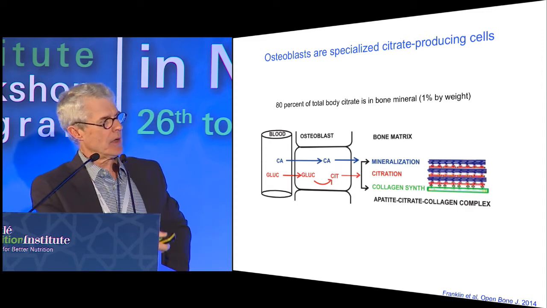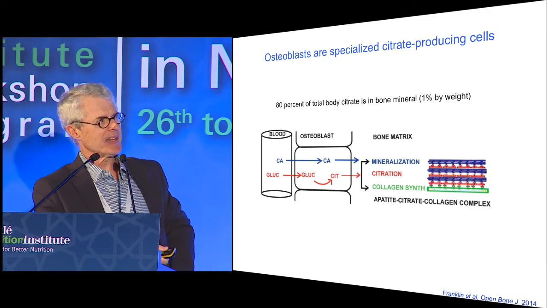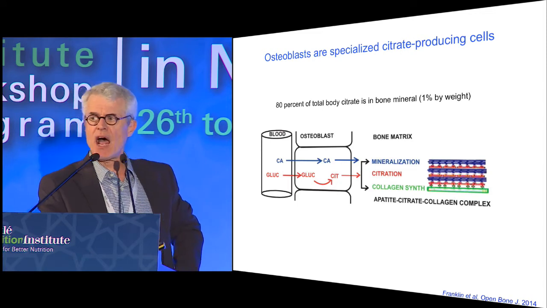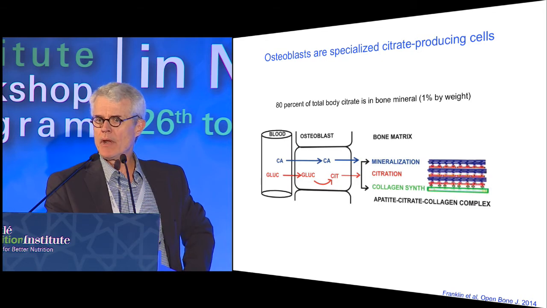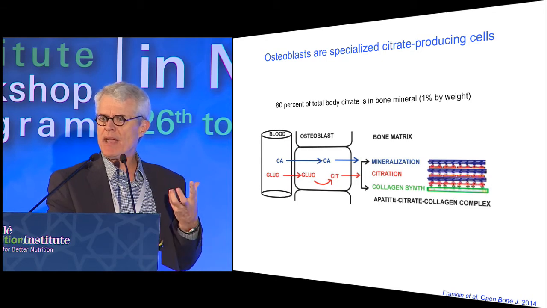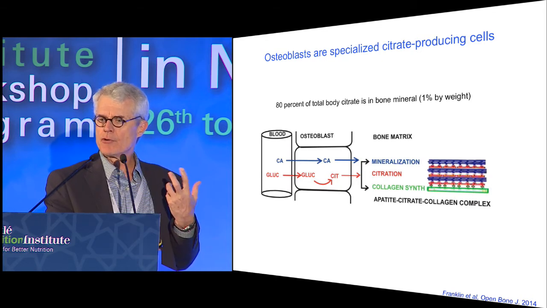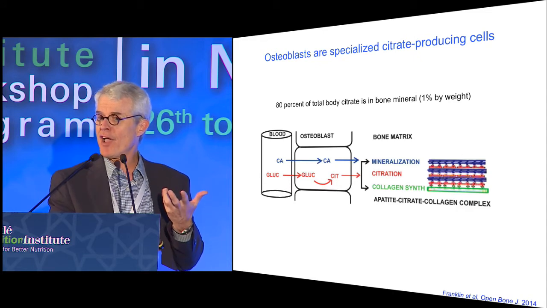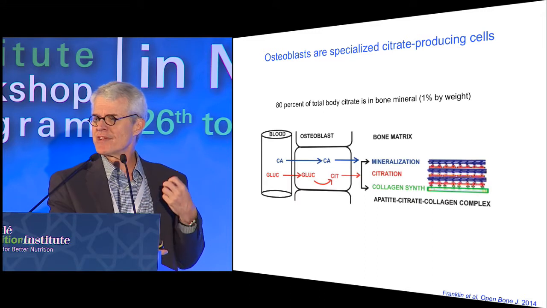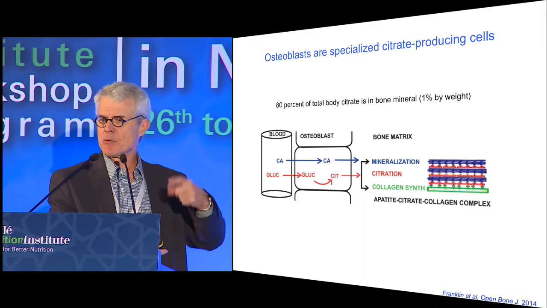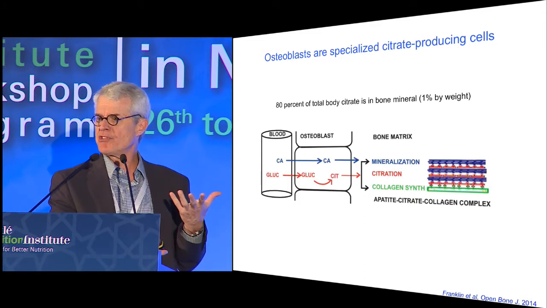And so what we found talking to people who work on prostate cells, where also this mechanism seems to occur, is that calcium can come from the blood, but citrate cannot come out of the blood to go into bone. And indeed, it's interesting, it has to be made through the TCA cycle. So one of the jobs of the TCA cycle, if you'll remember your biochemistry that we all took when we were students, one of its jobs is to make more ATP, but in the process you get citrate.